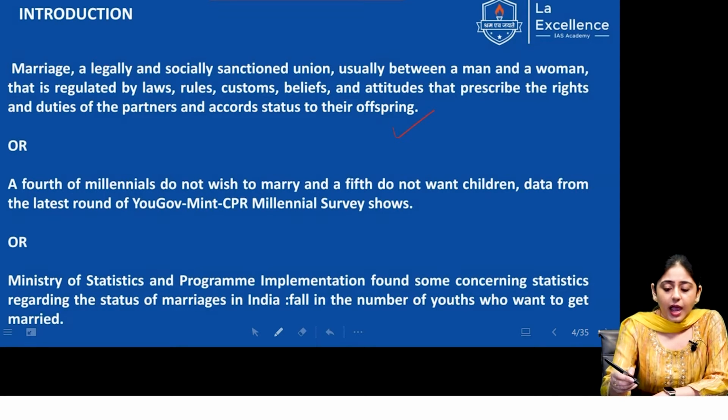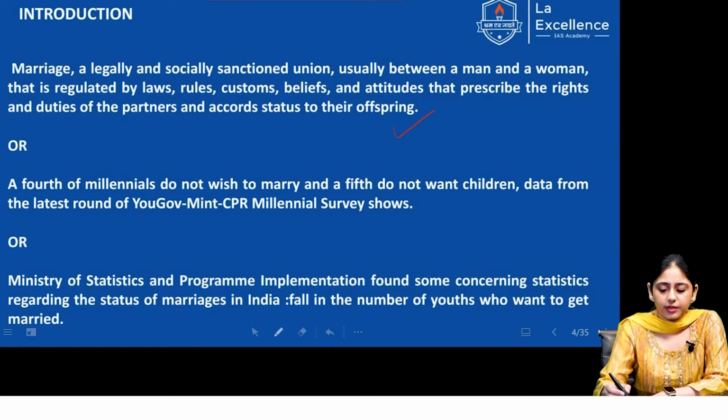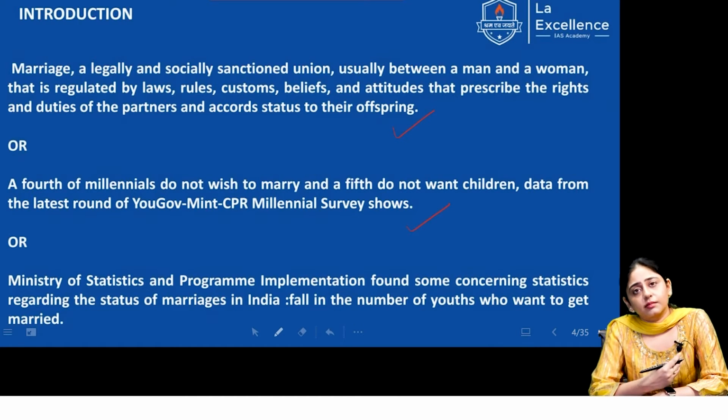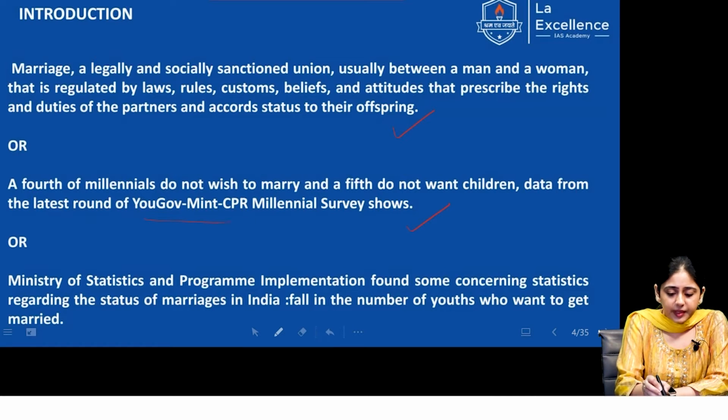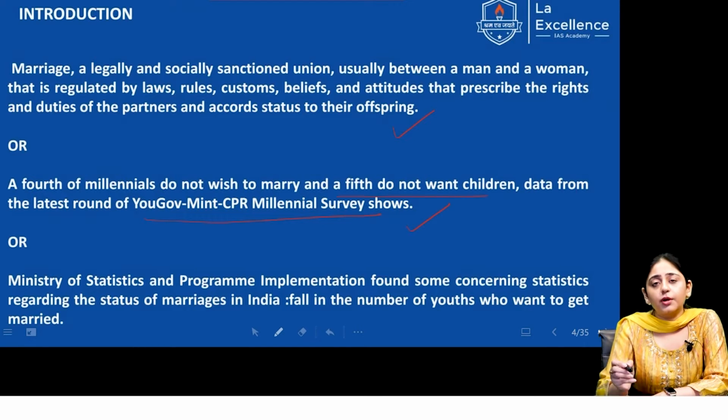Moving forward, if you are not aware of the definition, you can write some statistics. Recently, one survey was done, the Government Mint CPR Millennial Survey, which says that 1/4 of the millennial population, people born between the 1980s and 1994, known as millennials, with the next generation known as Gen Z, which are right now of marriageable age, are not interested in getting married, and 1/5 do not want children.